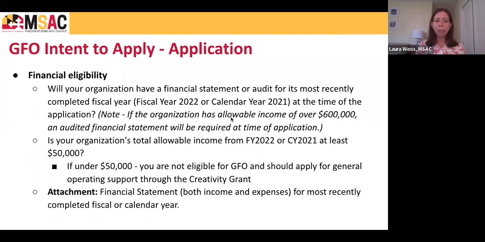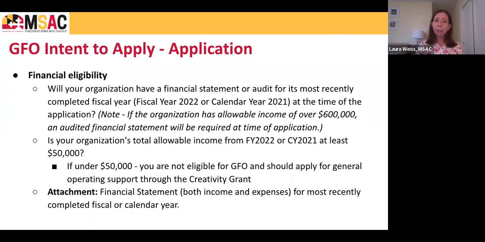Looking at financial eligibility, as Emily shared before, we do require a minimum total allowable income from the previous fiscal or calendar year of at least $50,000. So there is a question that says, is your organization's total allowable income from FY22 or calendar year 21 at least $50,000?